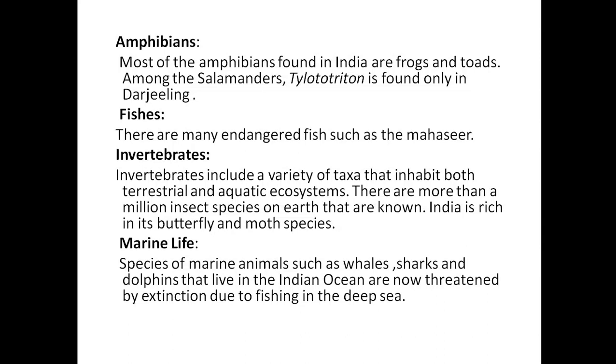Then among the invertebrates, invertebrates include a variety of taxa that inhabit both terrestrial and aquatic ecosystems. There are more than 1 million insect species on Earth that are known, and India is rich in its butterfly and moth species. In the marine life, species of marine animals such as whales, sharks, and dolphins that live in the Indian Ocean are now threatened by extinction due to fishing in the deep sea.